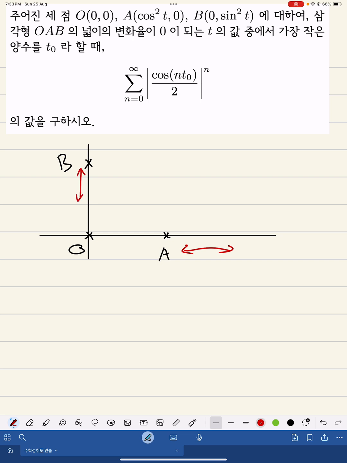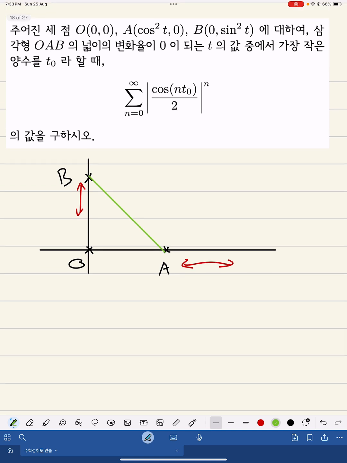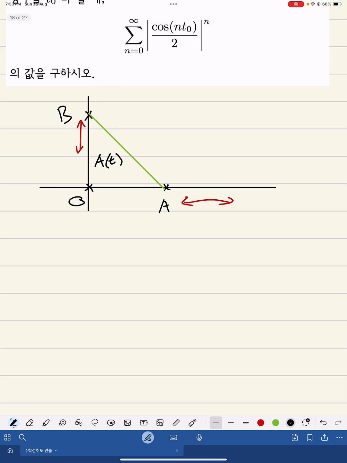And the triangle that is made from OAB, this area, let's call this area A, is also going to be a function of t, right? Because that is the definition of the triangle itself, because the points A and B are moving.